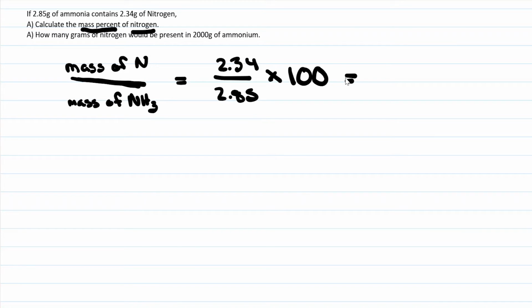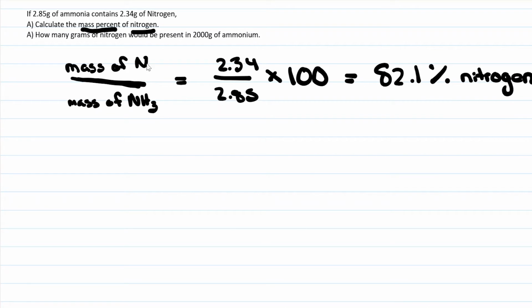So this is very similar to taking the proportion. However, we're just taking it for nitrogen, and we're going to make that into a percent. So 2.34 divided by 2.85 times 100 should give you 82.1% by mass of nitrogen.